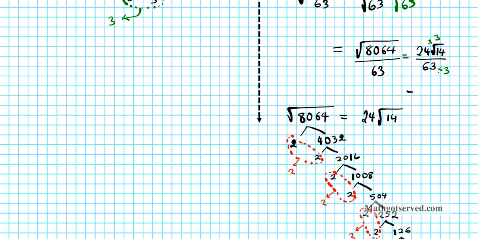So this simplifies into 8 root 14 over 21. And there goes your final answer. Okay, that was a simplified form of the square root of 128 divided by 63.